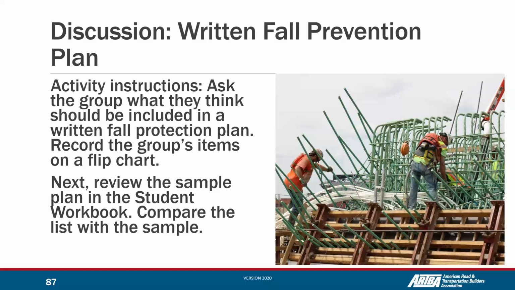Substitution, you can think about what kind of devices we are going to use according to the circumstances. Maybe in this situation, we need a guardrail. In this situation, we need a net. In this other situation, we only need some warning signs. In this other situation, we need a personal fall arrest system or personal fall restraint system. So try to select what kind of method you're going to use, substitute one for the other and try to find the best one for your workers.